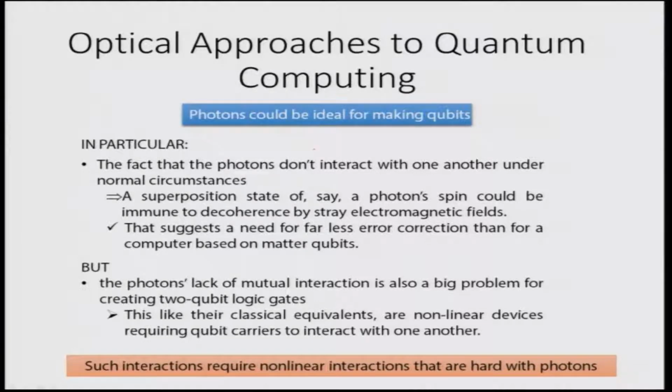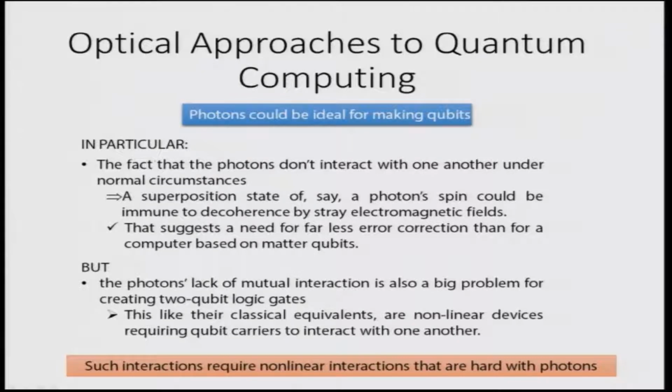Spin is very important because it can be changed by different principles without affecting many other interactions. Photons are also very important because they can be put together in such a way that they do not interact with each other. Also, they can be transmitted.